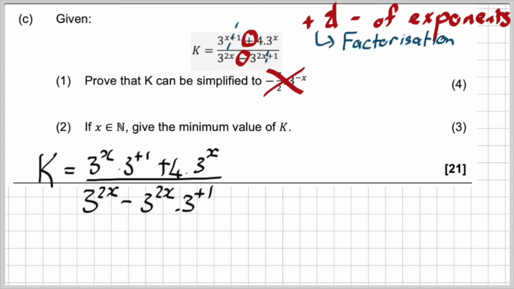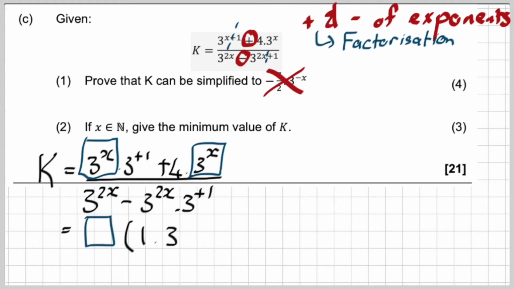So this means that I put a block around whatever is common, okay? Because a lot of times it's going to be common factors. Not always, but a lot of times, okay? So when I look at this, I can take out the block common.